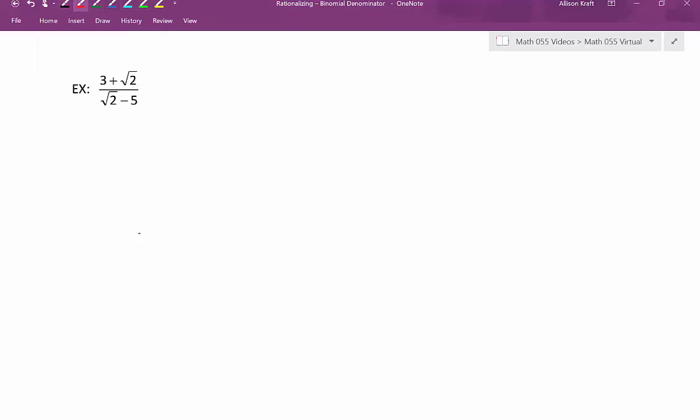Our last example here. We'll multiply our numerator and denominator by the conjugate of the denominator, which is the square root of 2 plus 5. Add our parentheses.